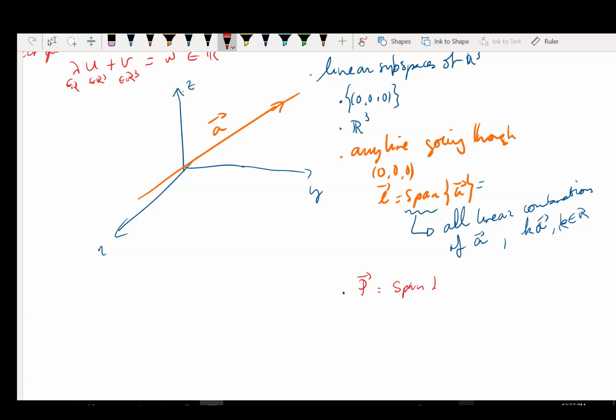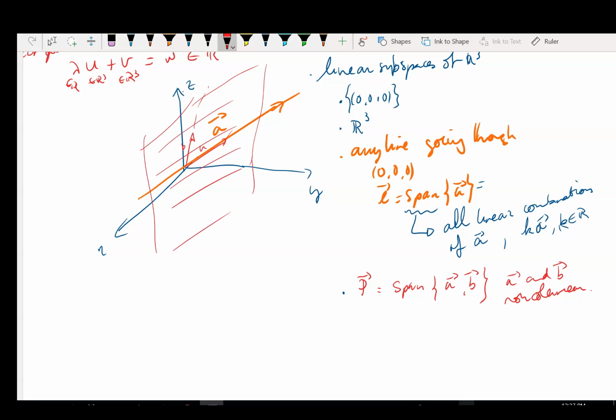Next thing is, we can take something that would be spanned by two vectors. So if I take two vectors, let's say A and B, with A and B non-collinear, what am I going to get? So you've got your vector A, your vector B, and we get the plane described by those two vectors, the infinite plane.